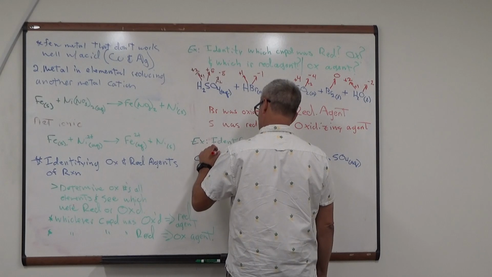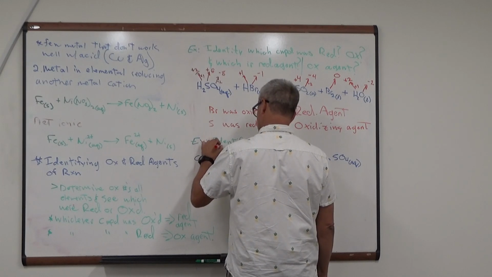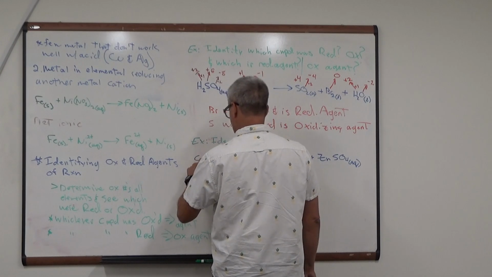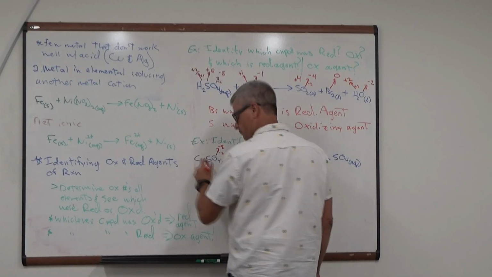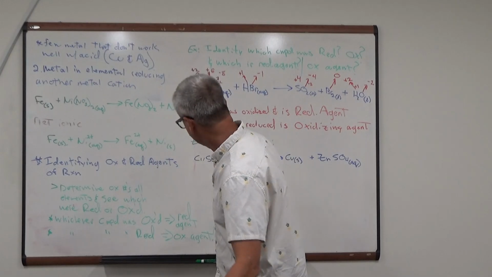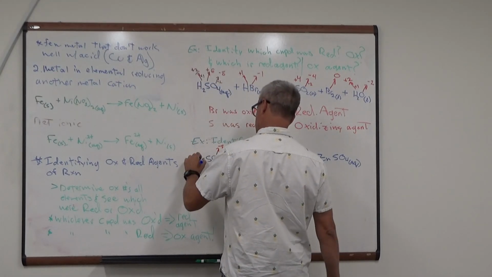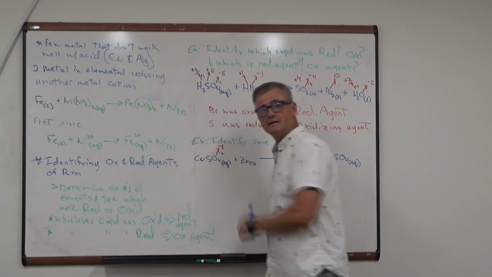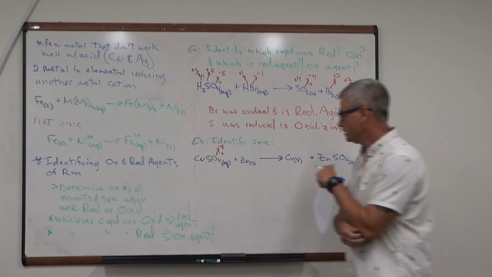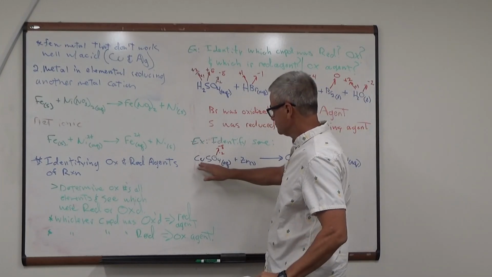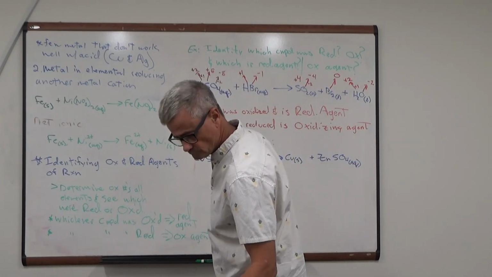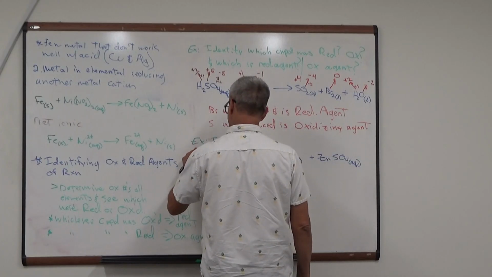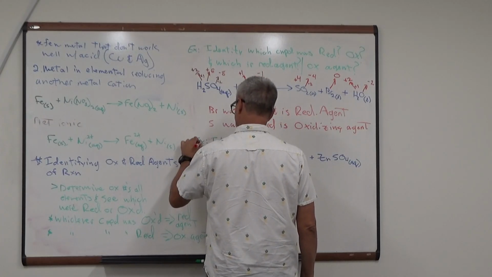All right. Each one of those is -2, so that's -8. Okay. Copper is going. Yeah, here might be helpful. This might be hard if you don't have in your memory bank that sulfate is a -2 polyatomic ion. So if this is -2, that has to be +2. Okay. So +2.